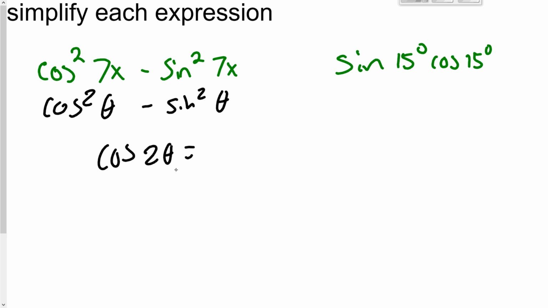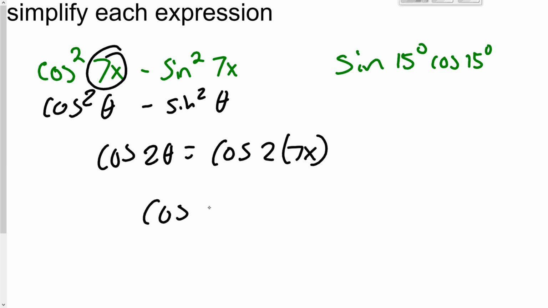So then here it's a double angle, right? So cosine of 2 times our theta. Well, what's our theta? It's what we're taking the cosine squared of, or the sine squared of: 7x. So we multiply that. So we're finding cosine of 2 times 7, which is 14.